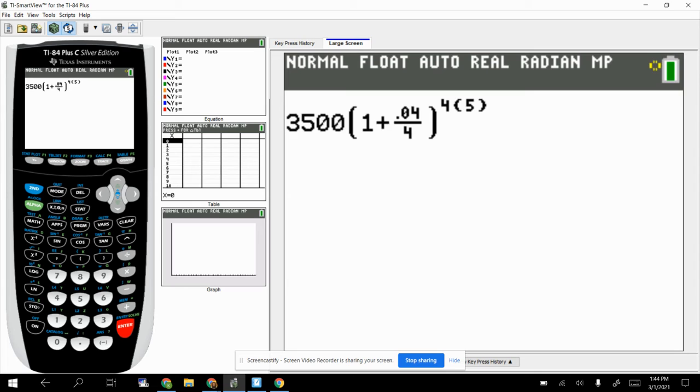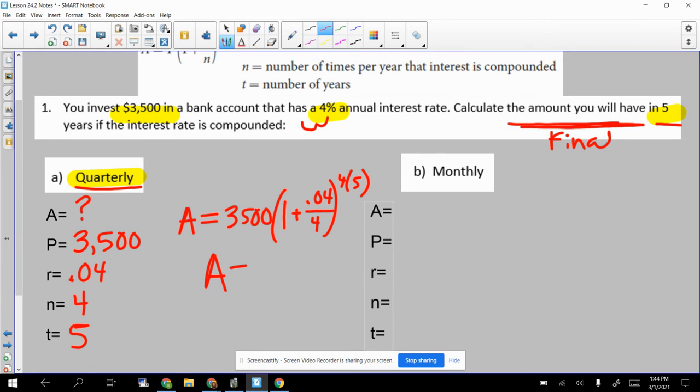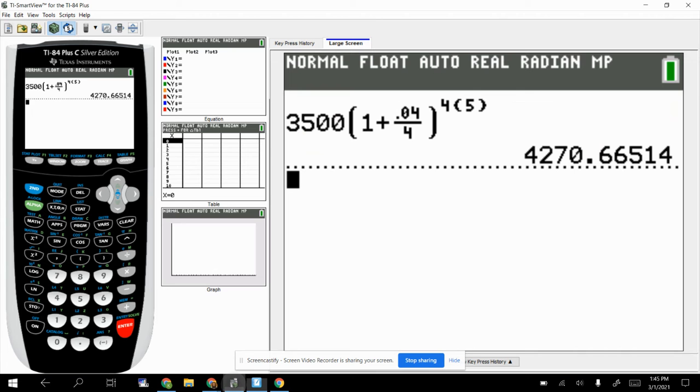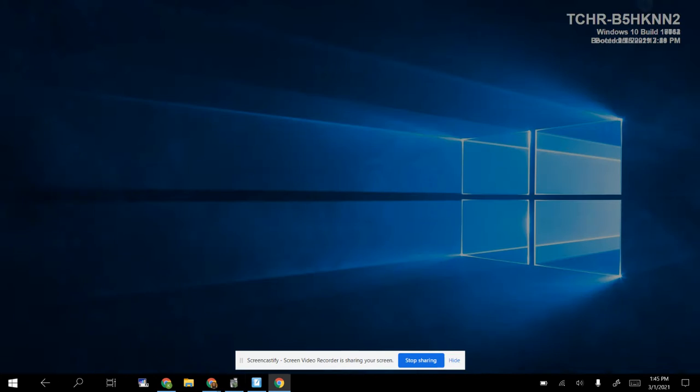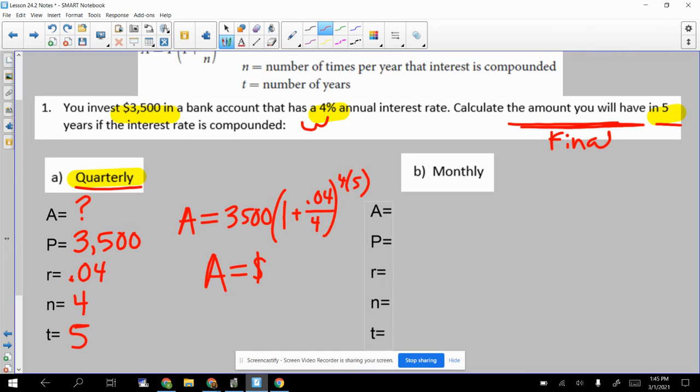I'm going to plug it in just like that, and there's my answer, $4,270. We're going to round to 2 decimal places because we're talking about money, so 0.665 would be 0.67. That was 4270.67. Beautiful, and that would be your final answer.